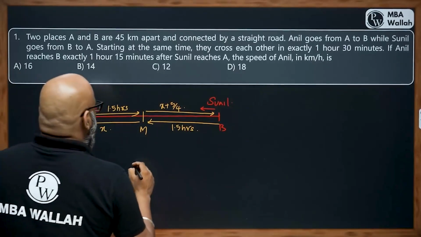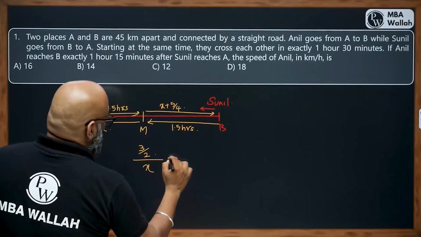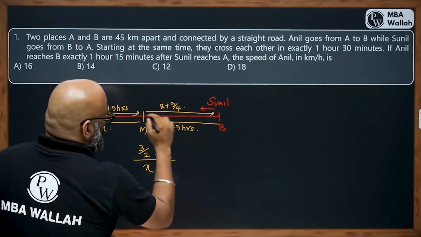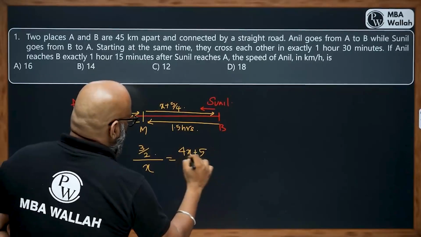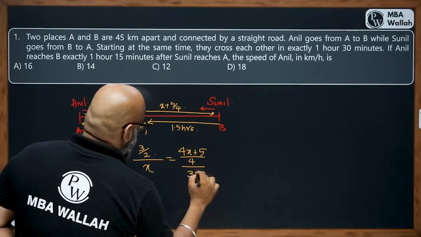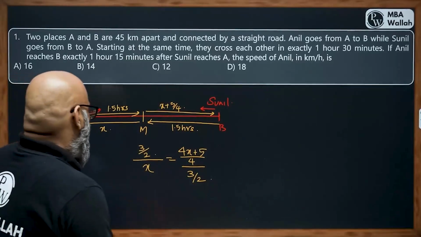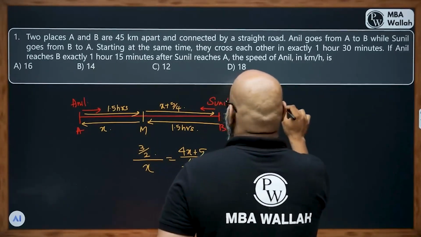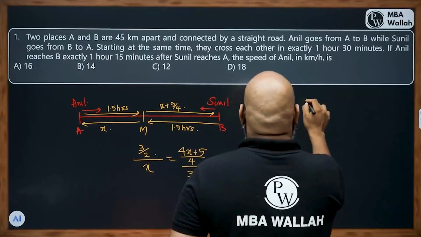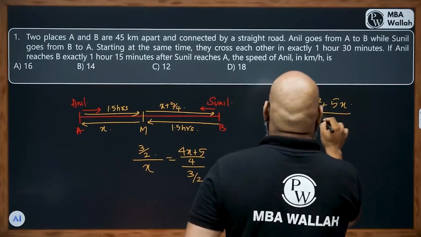So 1.5, I can write it as 3 by 2 divided by X is equal to X plus 5 by 4 divided by 3 by 2. I want to cross multiply this. I will happen to get 9 by 4 is equal to 4x square plus 5x by 4.